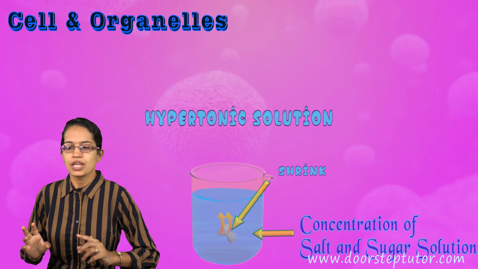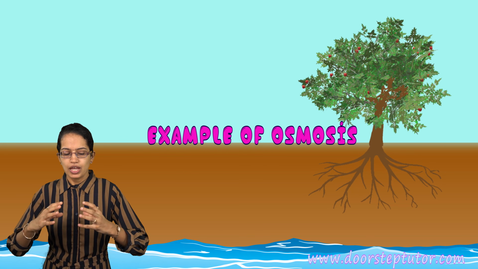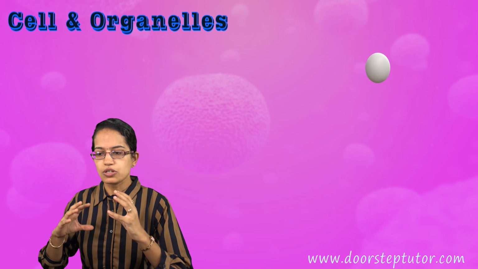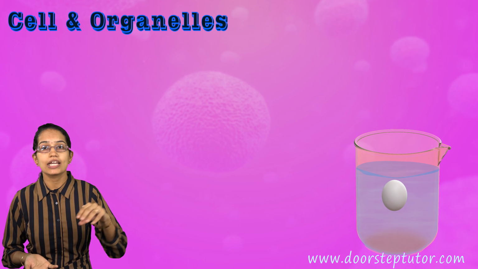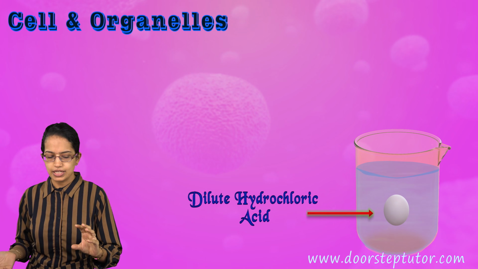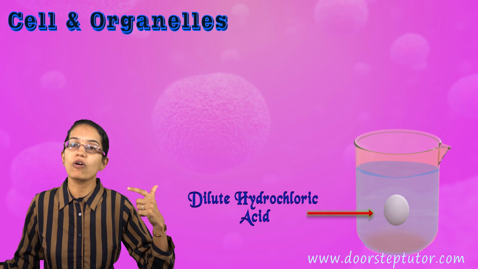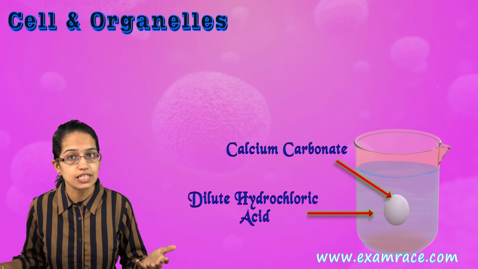This is what is a hypertonic solution. Now I can simply say the absorption of water by plants is a very good example of osmosis. Similarly, I have an eggshell dissolved in dilute hydrochloric acid. The shell of the egg is made up of calcium carbonate.